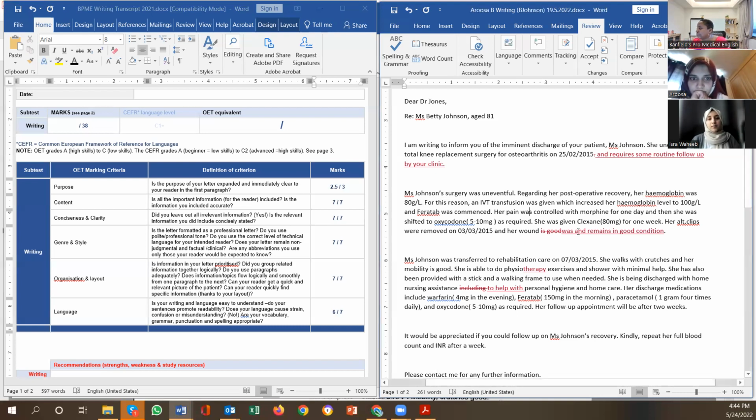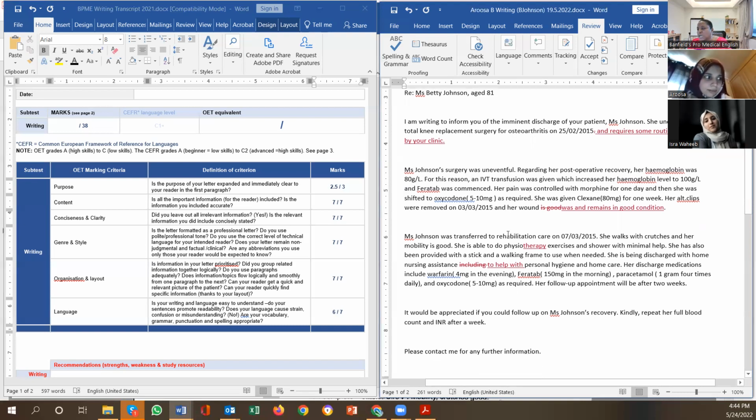And her wound post-operatively was healthy and remains so. If you put it like that, it will probably cut this paragraph down to half of its length, or maybe two-thirds of its length. But it's not a disaster, not by a long stretch.